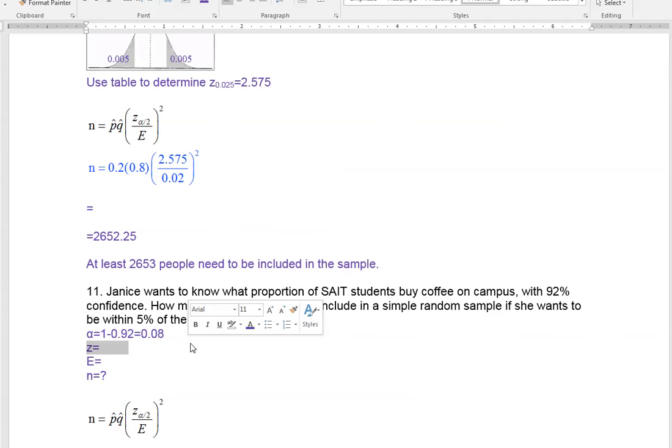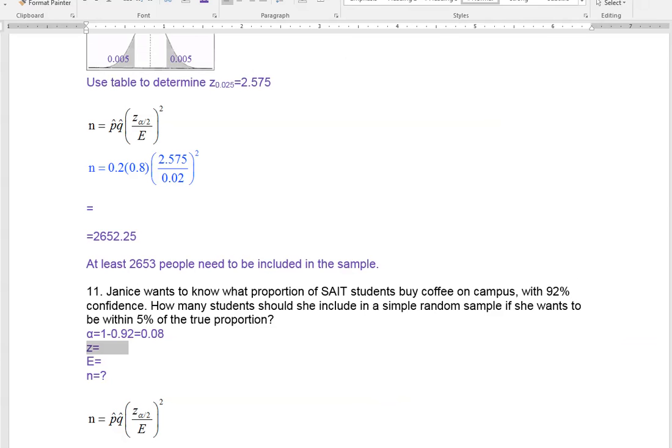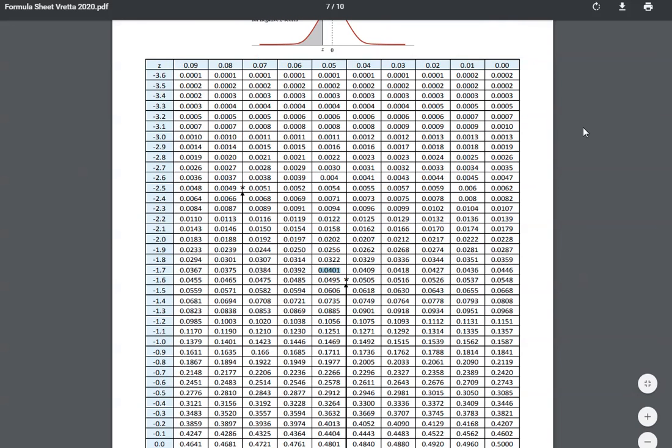So from that we can look up our z. That's a new z we haven't used, so let's take a look. So 0.04. So our closest value to 0.04 right here. So 1.75.